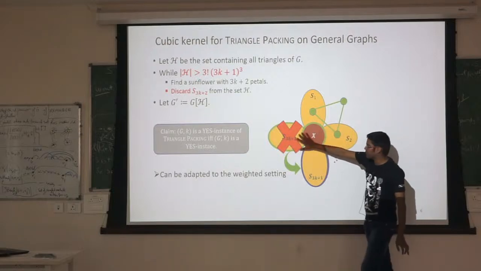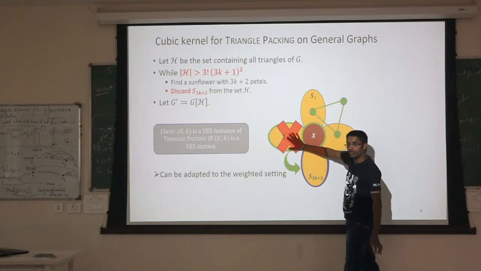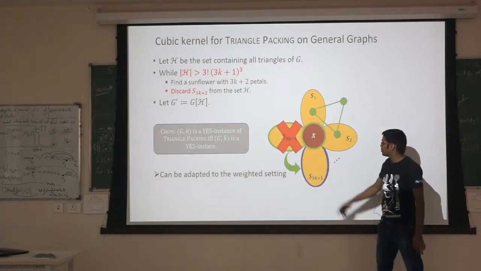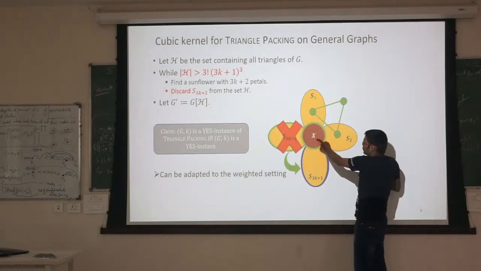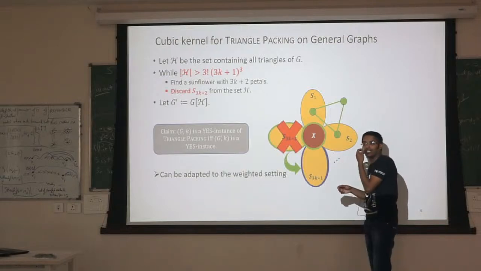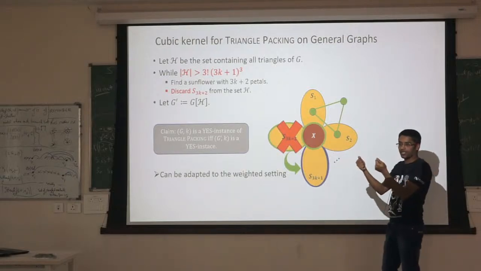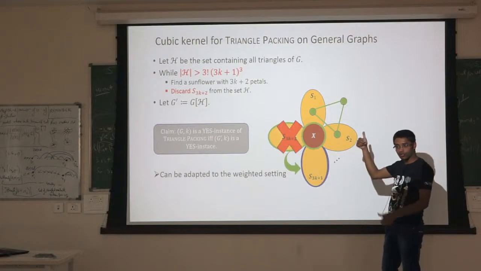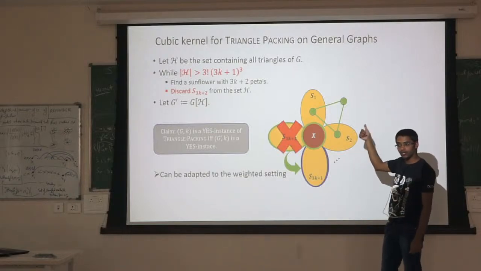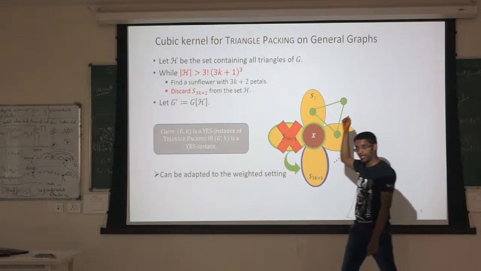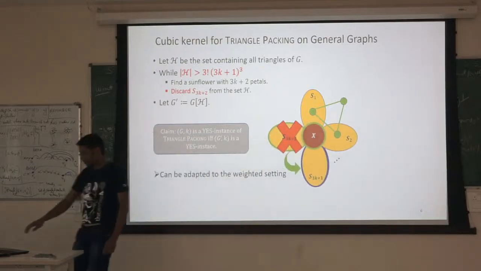We already assumed that none of them can hit the core. Suppose someone hit the core, then you would have two triangles intersecting. In the solution, what did we ask? The solution is a collection of disjoint triangles. Because I showed you the example with 2 and 3. Even though the graph had 3 triangles in the beginning, it is not a yes answer for the problem.